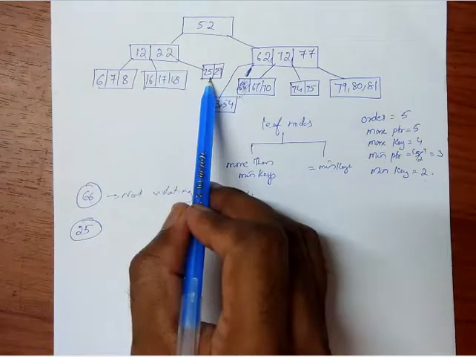Here you can see the particular node 25, 29. We need to remove 25, and if we remove the value 25, the node consists of only a single element and violates the minimum constraint. We know that the minimum key count is 2. So in that case we have to actually borrow some values from a sibling.